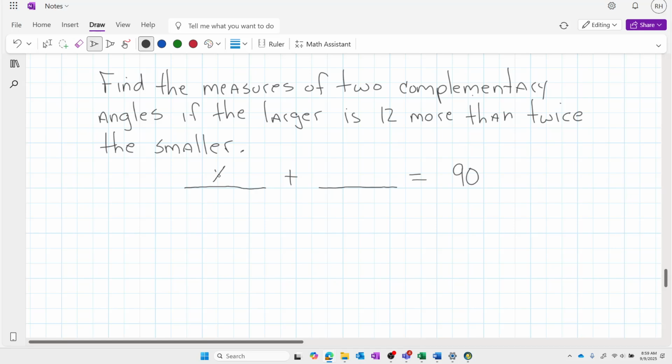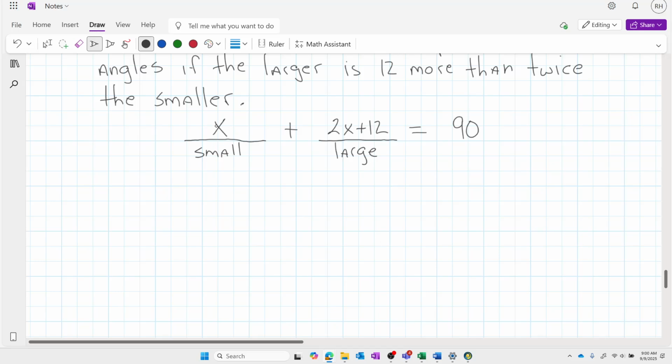So if we call x the smaller, the other angle is going to be the larger. We have to write an expression that is 12 more than twice the smaller. Well, twice the smaller would be 2x. And 12 more than 2x would be plus 12. So that's your equation. All right, x plus 2x plus 12 is equal to 90.